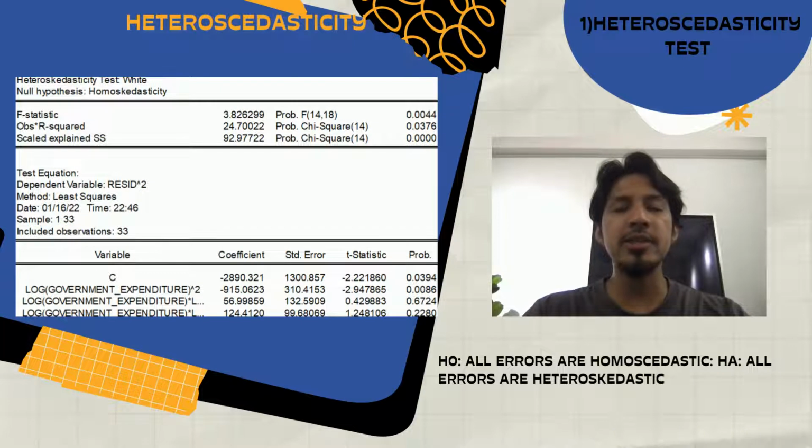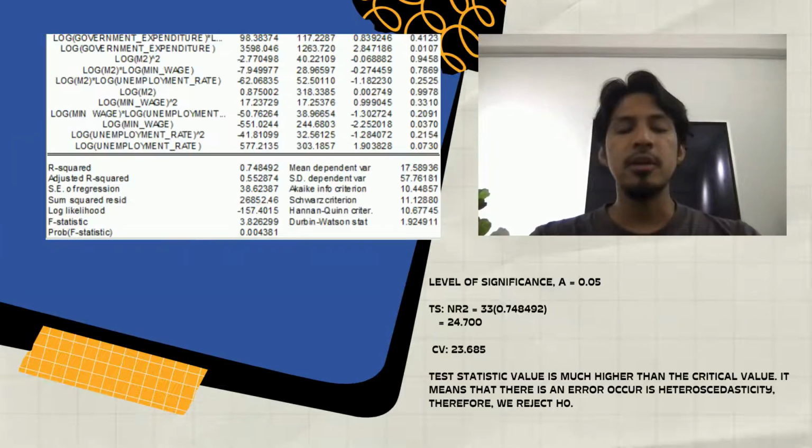In the heteroscedasticity test, our null hypothesis is all errors are homoscedastic, and our alternative hypothesis is all errors are heteroscedastic. After we run the test, the level of significance is 0.05, and the critical value is 23.685.